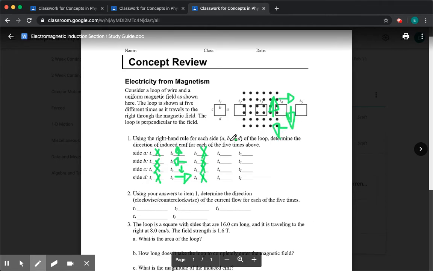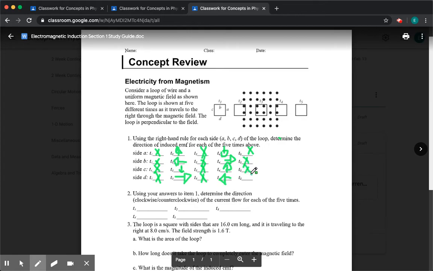So A, instead, is going to be the exact opposite of T2. So at A, you have down. At B, you have right. At C, you have up. And at D, you have to the left. And then at T5, you are completely out of the field again, which means, once again, you have no flow.